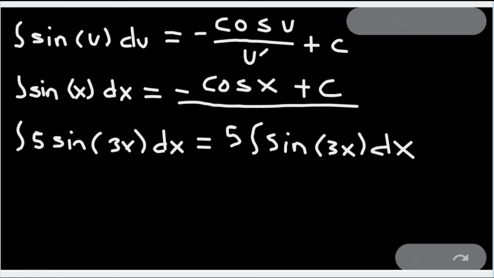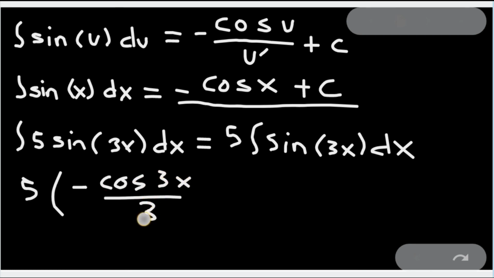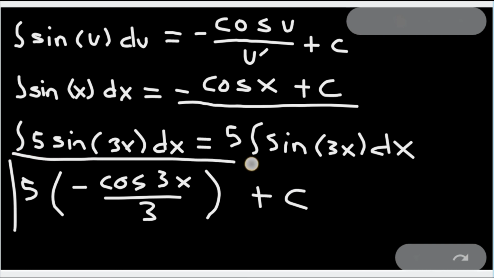The value of u here is 3x. So what we have now is this 5 times negative cosine 3x, and the derivative of 3x is 3 plus c. So this is our final answer.